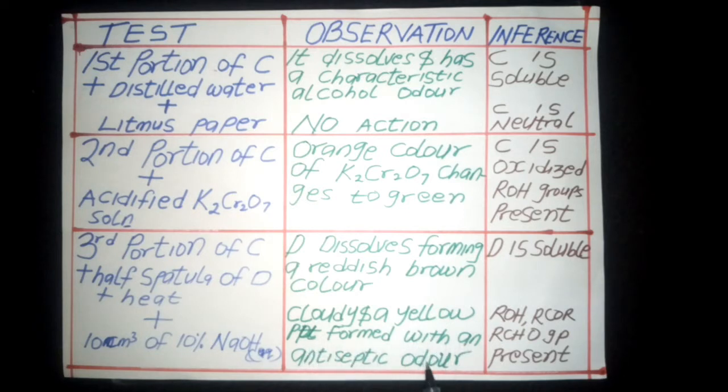So this is an iodoform test. It is used to test for the presence of methylene group, some groups. Normally it is not only the alcohol group that undergoes this iodoform test.